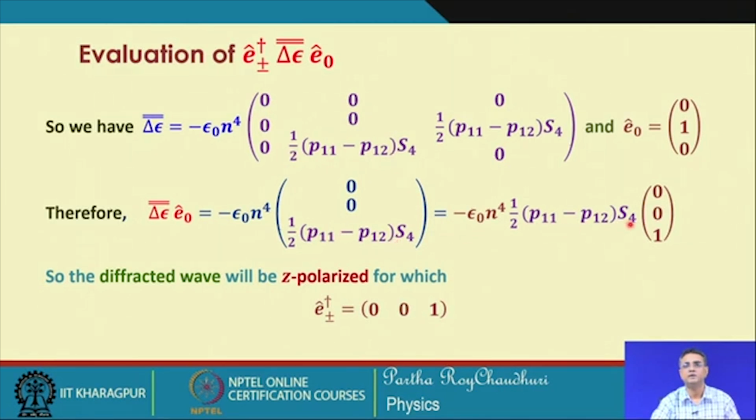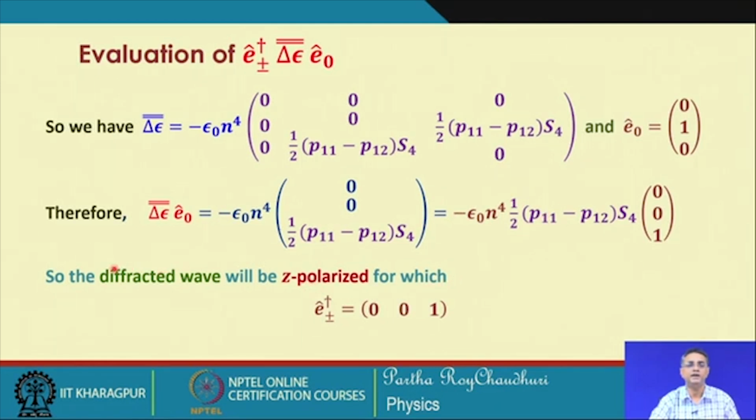This immediately tells you that the diffracted wave should be, because this will be pre-multiplied with the row vector, 0 0 1. So, this pre-multiplied row vector must be 0 0 1, and then you will get a scalar quantity for this, which will in turn represent the coupling coefficient.